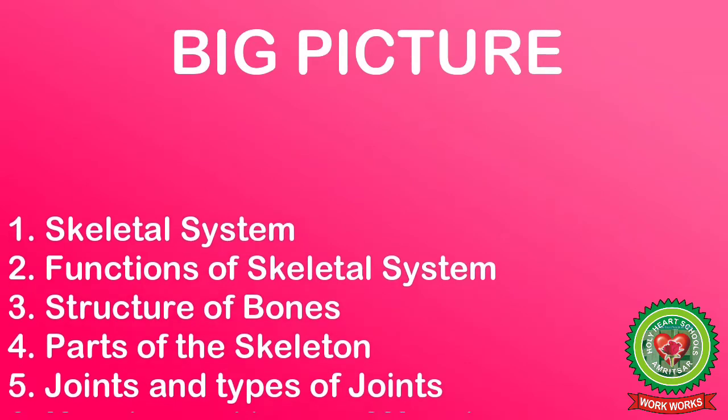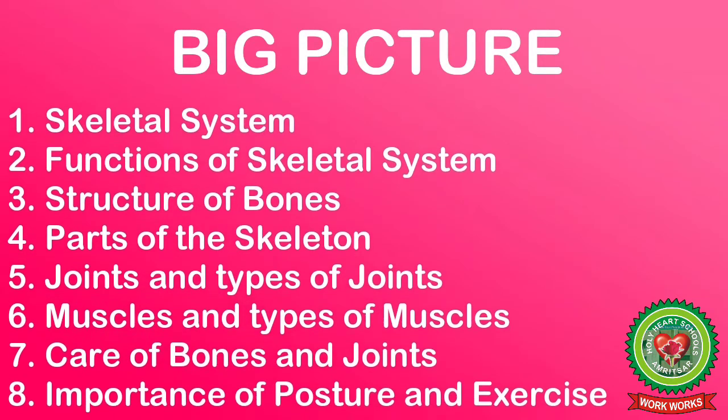Students, in this chapter we will discuss the skeletal system, functions of the skeletal system, structure of bones, parts of the skeleton, joints and types of joints, muscles and types of muscles, care of bones and joints, importance of posture and exercise.